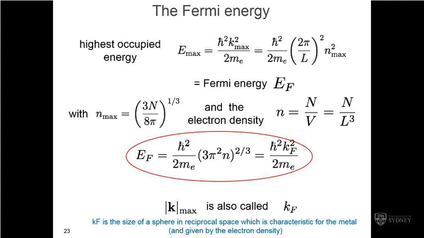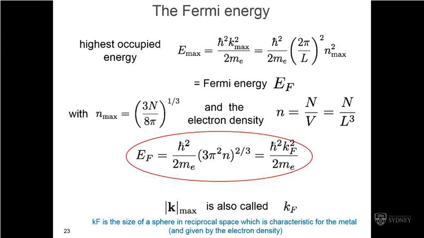This is an important expression. This is the expression for the Fermi energy, h bar squared over 2m, 3 pi squared n to the power 2/3. And lots of physics is determined by the Fermi energy, and has a corresponding Fermi surface, which is the surface in 3 dimensions made by locating the Fermi energy in every direction in your crystal.